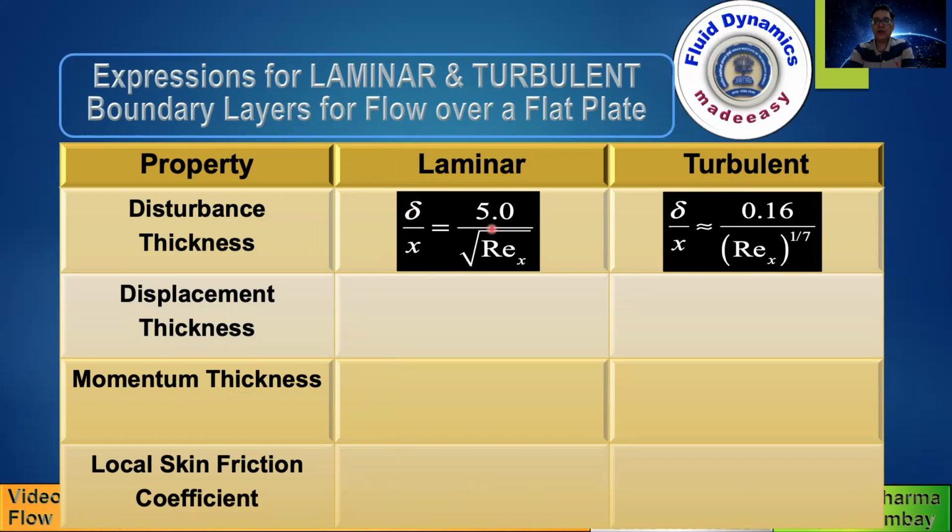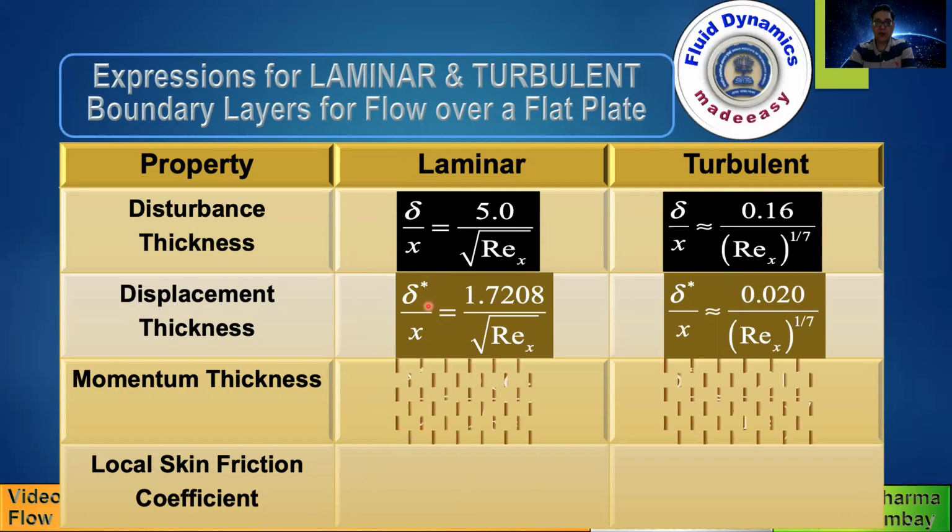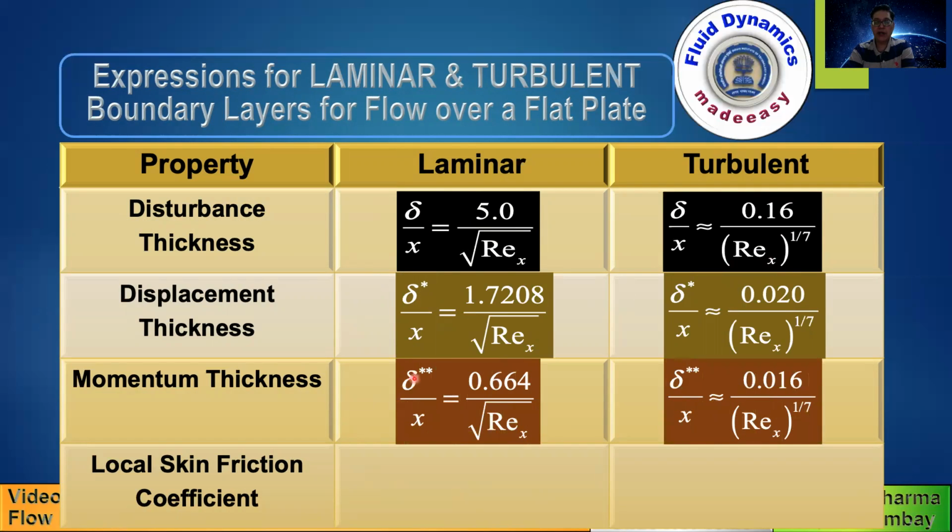Delta by x is equal to 5 divided by the square root of Rex for laminar flow, and delta by x is almost equal to 0.16 divided by Rex to the power 1/7 for turbulent flow. Here delta is the boundary layer thickness, delta star is the displacement thickness, and delta double star is the momentum thickness. These are the expressions for the non-dimensional displacement thickness for laminar and turbulent flow, and these are for the momentum thicknesses.